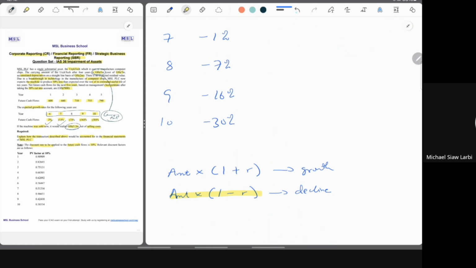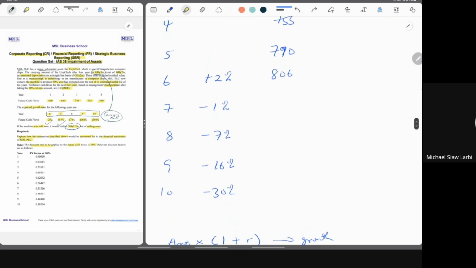So I'll have 806 times 1 minus 0.01, and that gives me 797.94. Like I said, we are rounding to the nearest, so this should give me 798.